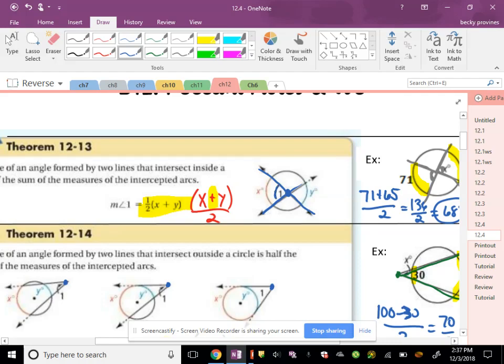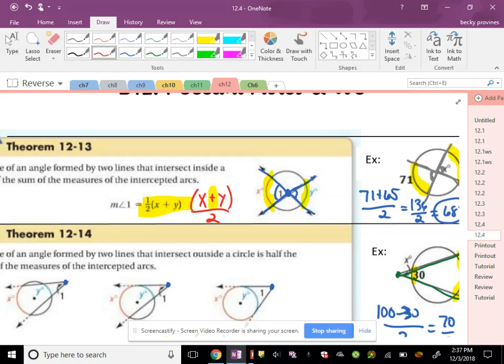I'm going to take its angle, and its intercepted arc is this yellow area, the X. And then I have to consider its vertical angle because I know vertical angles are equal, correct? So then I need to think about its intercepted arc, which is where the Y is. So since it's inside the circle, I'm going to add those two measurements up and then divide by 2.